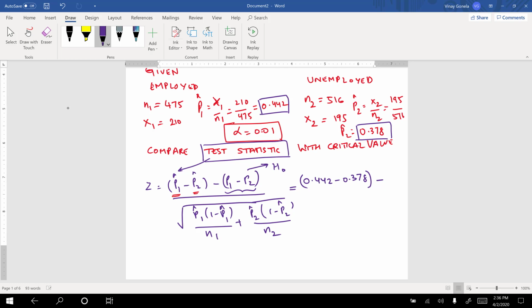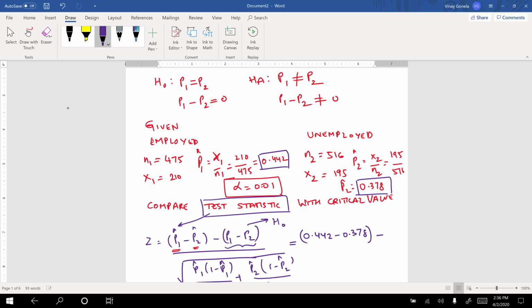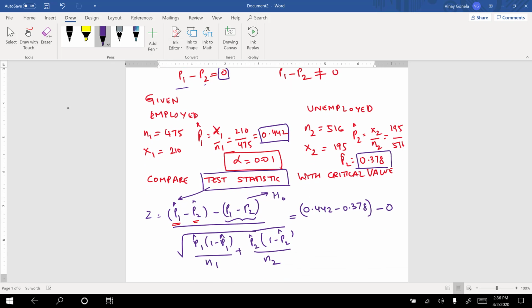This comes from the null hypothesis, that is p1 minus p2 is equal to 0, so we put 0 here, divided by the square root of 0.442 times (1 minus 0.442) divided by n1, n1 is 475, plus 0.378 times (1 minus 0.378) divided by n2, which is 516. So that is what we are going to do.